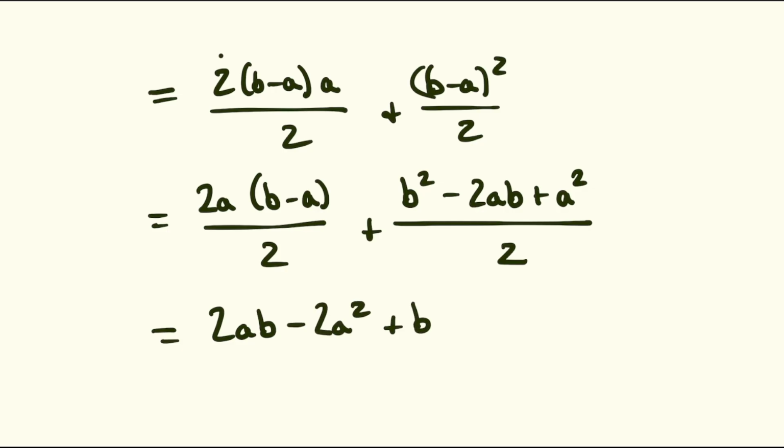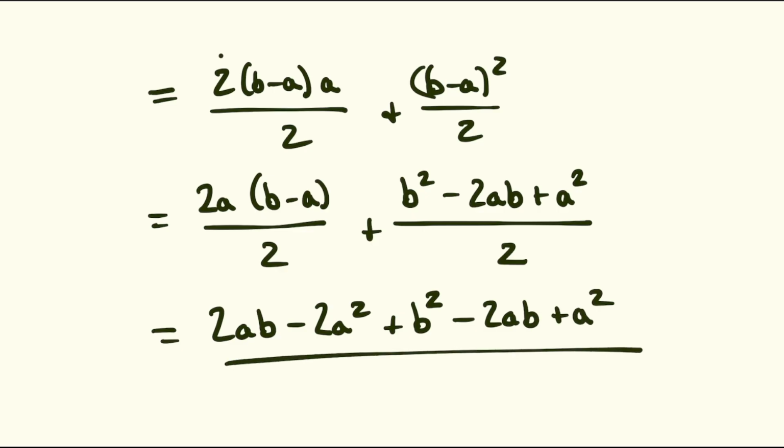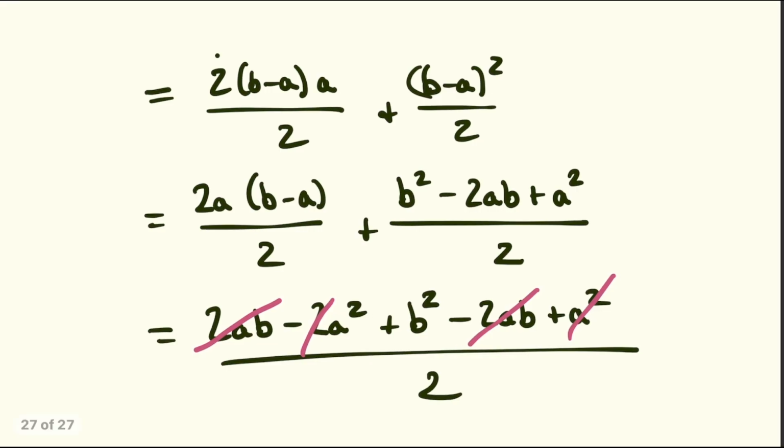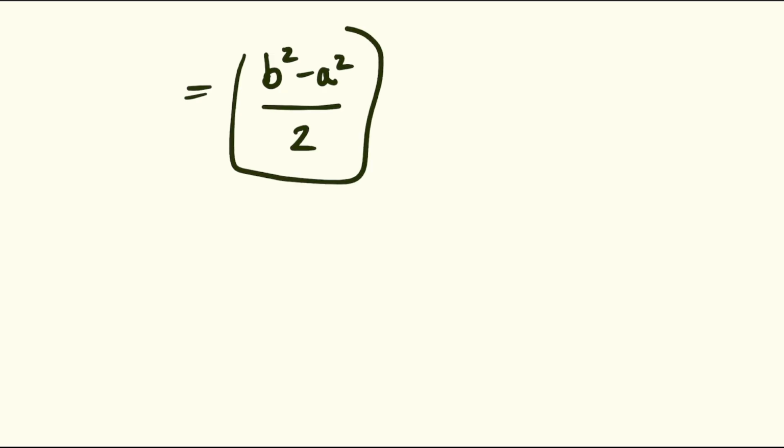Let's push this together onto one numerator since we have a common denominator. This gives us a nice simplification because our 2ab's cancel out, and one of our a squareds cancels out. We are left with b squared minus a squared all over 2 as our solution, which is what we were looking for.